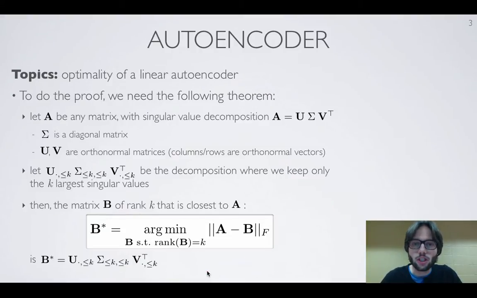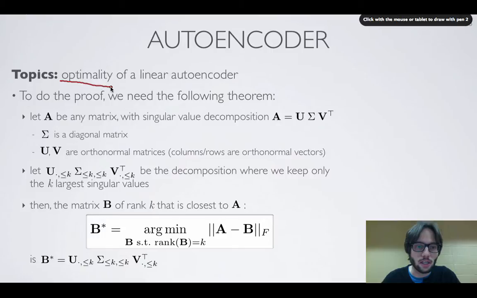So what we'll actually show is a pretty surprising result. It turns out that the linear autoencoder is actually optimal under certain conditions. That is, it will give you a reconstruction error that, for a given number of hidden units, is as small as it can be. And this result applies if we consider the squared difference error, and if we assume that the decoder is linear.